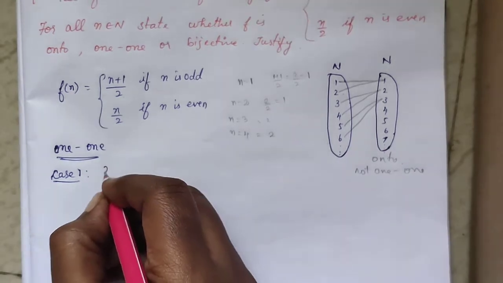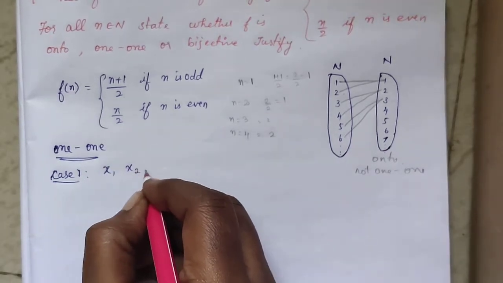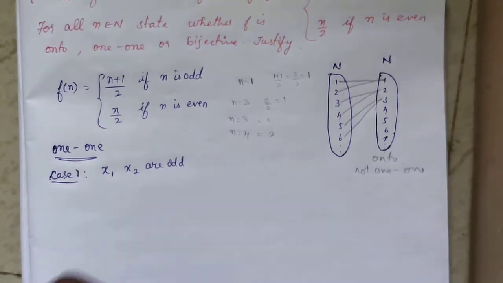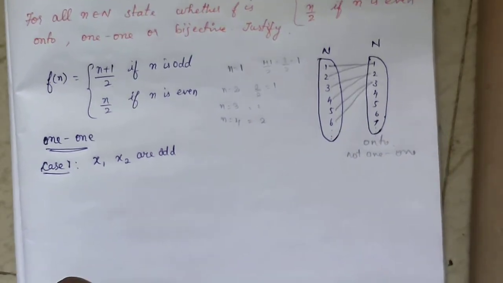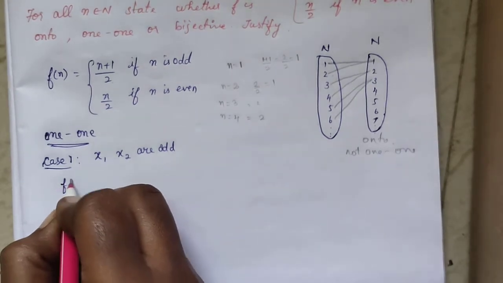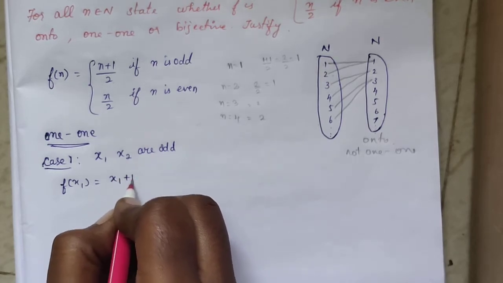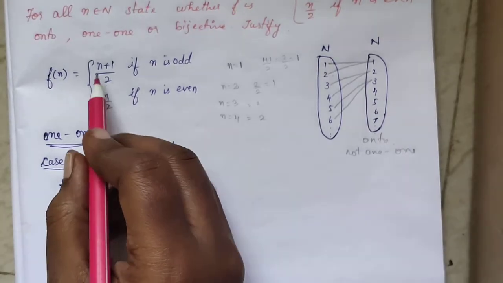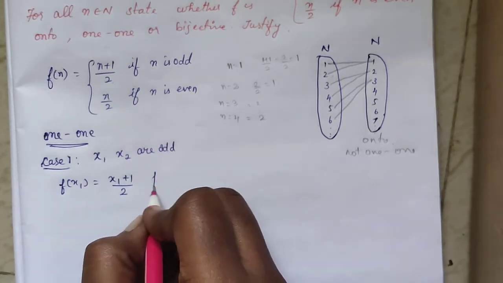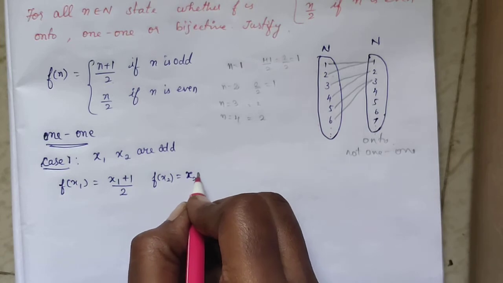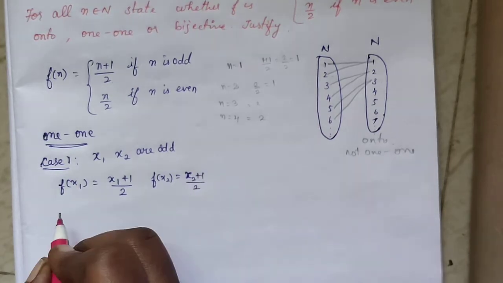Now case 1: x1, x2 both are odd. Let us take that both the numbers are odd. Now f of x1 is equal to (x1 plus 1) by 2, because for an odd number it is (n plus 1) by 2. Now f of x2 is also (x2 plus 1) by 2.